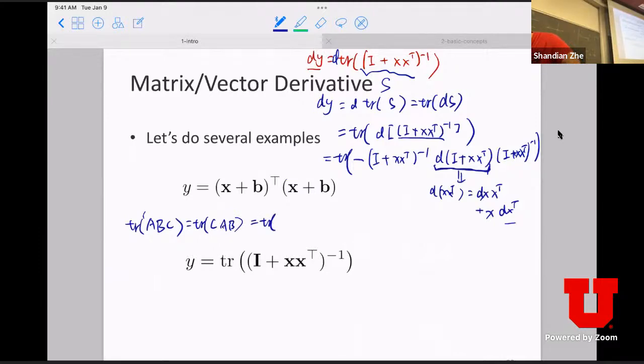If you move A again to the front, you end up with ABC again. This is a very popular, well-known property of trace operations, and it's not hard to prove. It's just a little bit tedious. You need to think about why this is, but it's definitely not hard to prove.